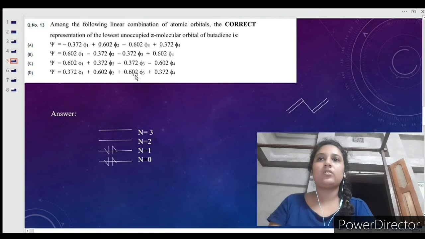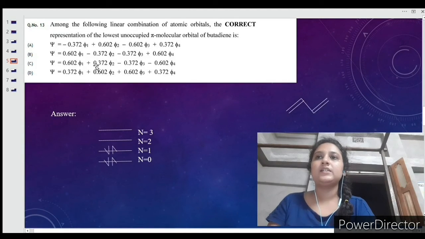So there is no change of sign of the contribution of each atomic orbital for option D. So option D is actually the representation for the ground state.